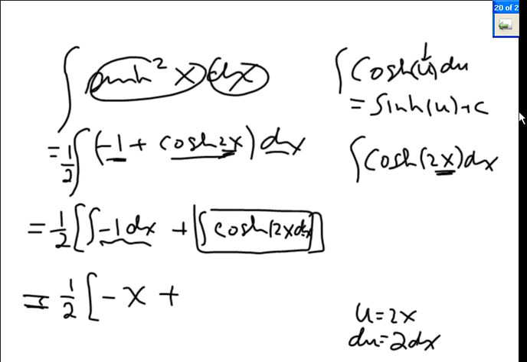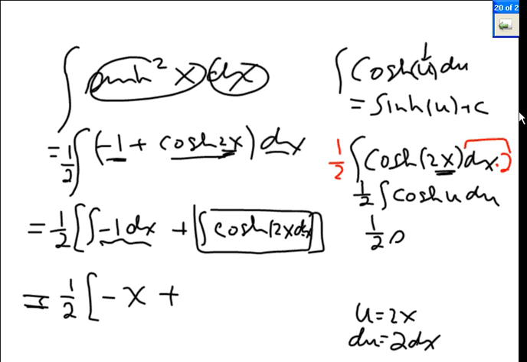So we have to add stuff. If I multiply by 2, here is my 2 dx. But to do that, I have to bring a half in front. So I get 1/2 the integral of the cos of u du. But I know what that is.